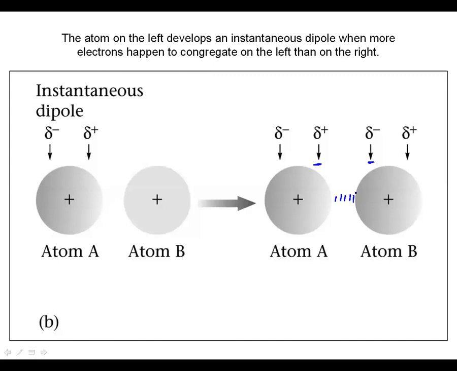And that's why it is very, very temporary, because although on the right-hand side they do have a partially negative charge and a partially positive charge, at some point those electrons will go back to their normal way, and that molecule will return to this more neutral environment. And that does not occur with a polar molecule, because no matter what the situation, those electrons aren't going to move back from one side to the next.